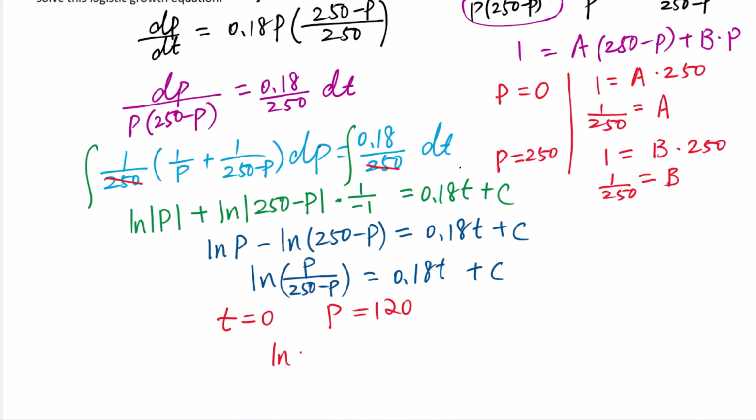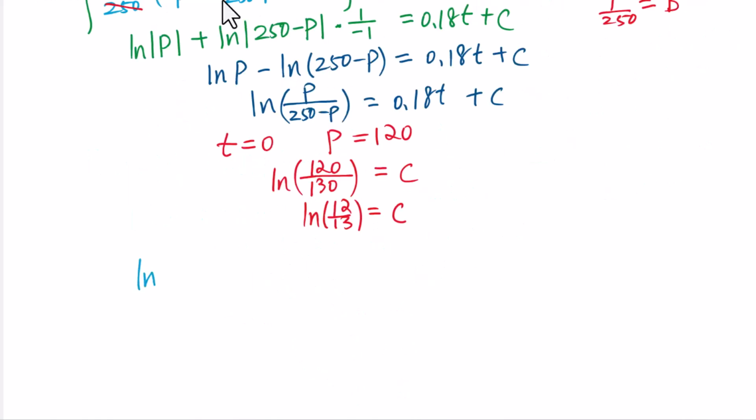Natural log of 120 over (250 minus 120), which is 130, equals C. So C equals natural log of 12 over 13.